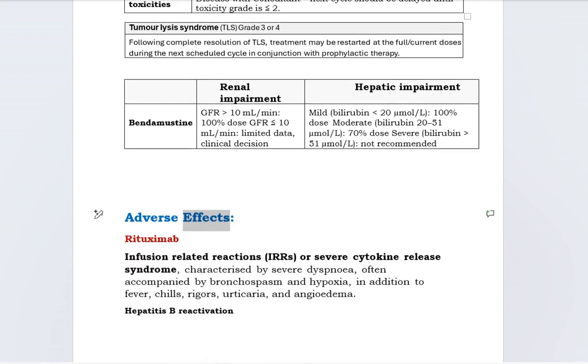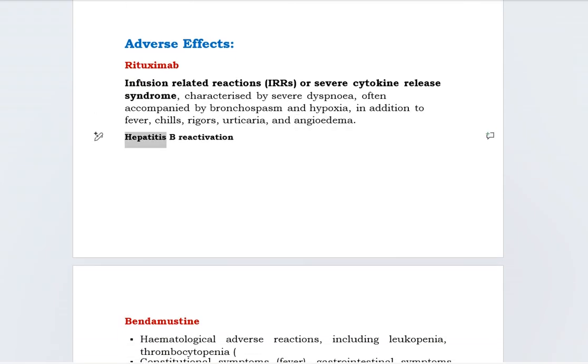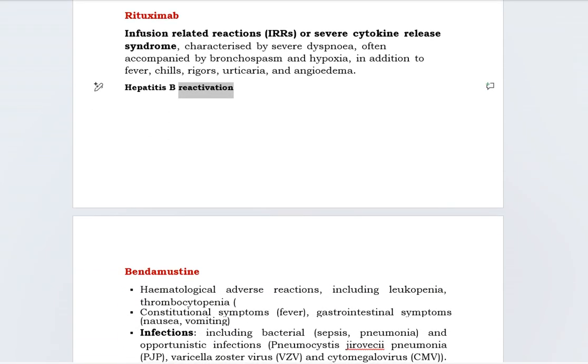Adverse effects. Rituximab: infusion-related reactions, IRRs, or severe cytokine release syndrome, characterized by severe dyspnea, often accompanied by bronchospasm and hypoxia, in addition to fever, chills, rigors, urticaria, and angioedema. Hepatitis B reactivation.